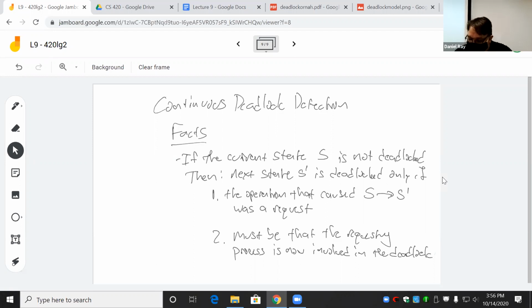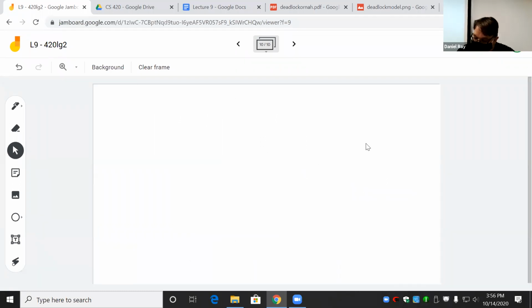So effectively what that means is I can have an algorithm. Let's look at it. This suggests an algorithm. If the current operation is a request and the requesting process becomes blocked, then we execute the graph reduction algorithm. Now let me restate this.